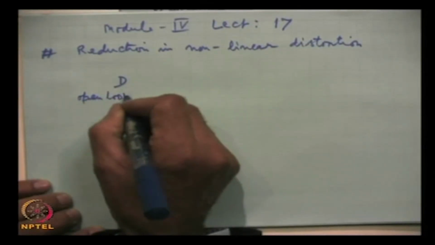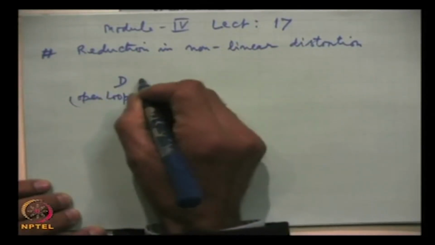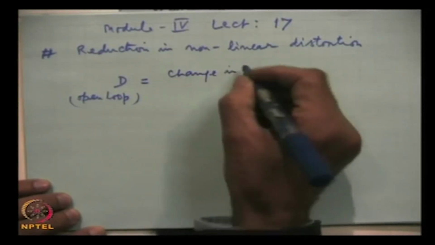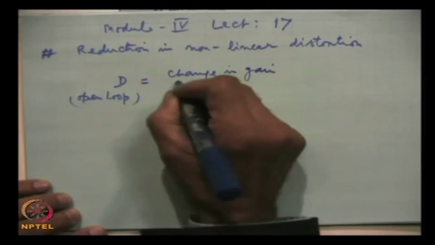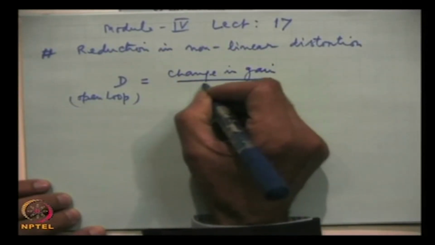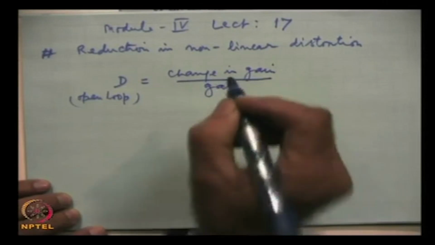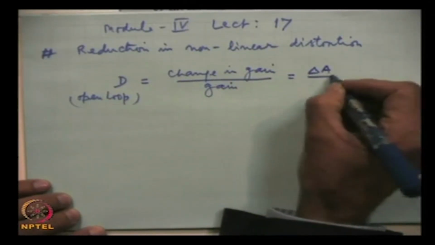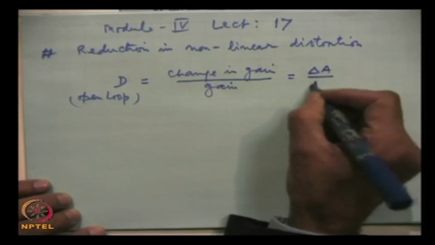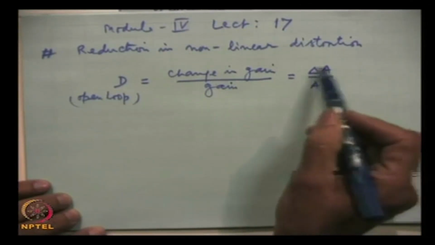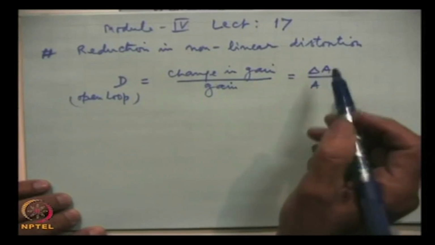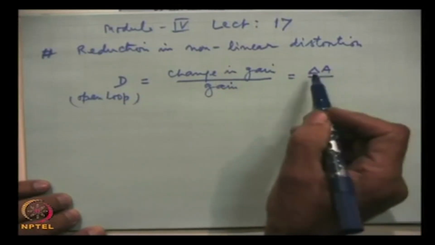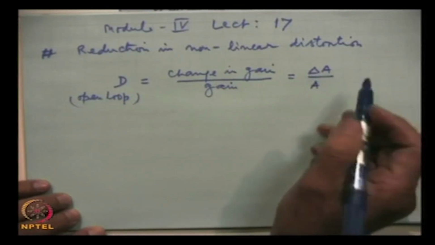So, let us take for open loop, this is change in gain divided by gain, that is dA by A, and if this change is infinitesimally small, then this delta can be taken as a differential.